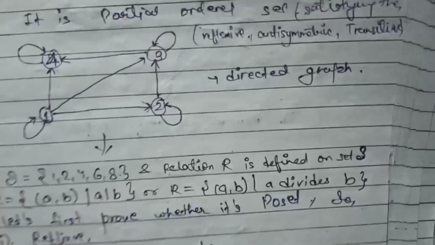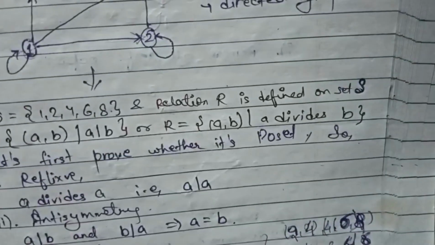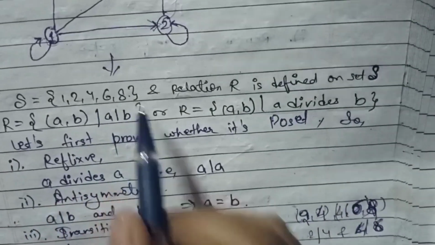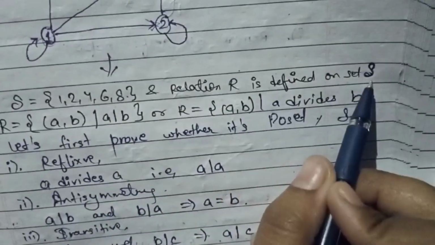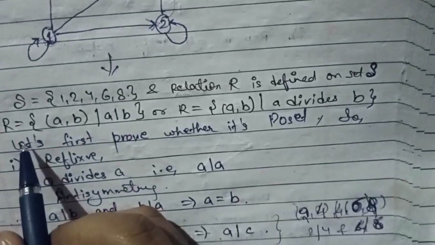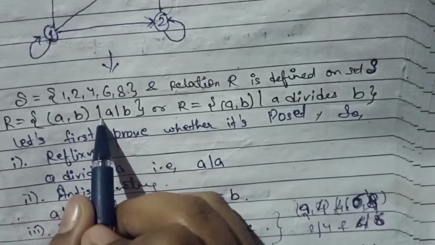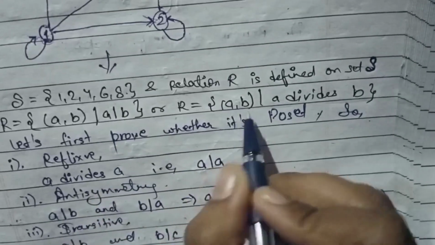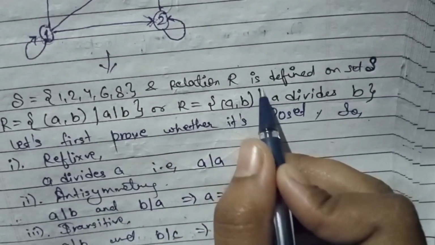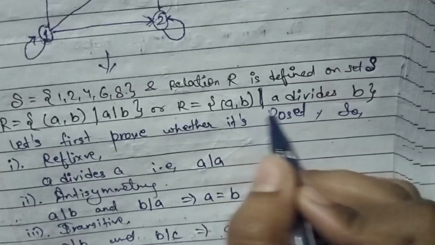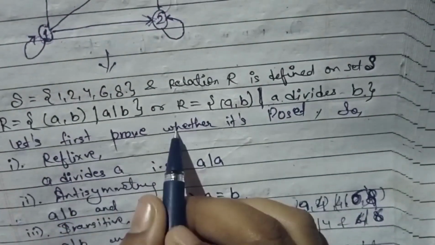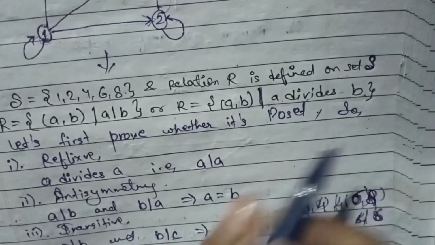First of all, take one more example, then I will explain. S has the elements 1, 2, 4, 6 and 8. Relation R is defined on set S as R is equal to (A, B), where A is divisible by B, or we can say that (A, B) is there if A divides B. Let's first prove whether it is a poset or not.